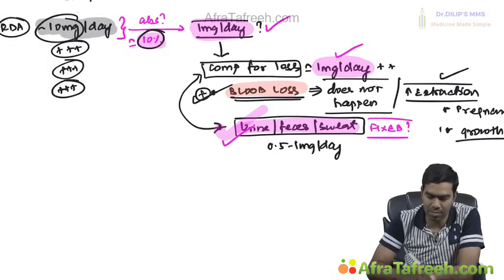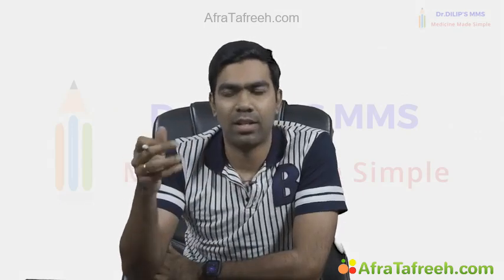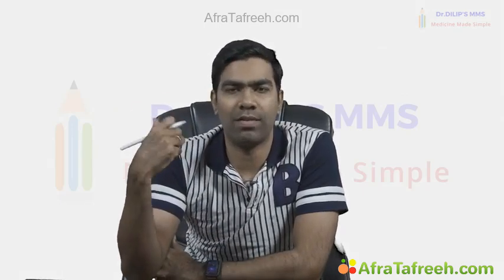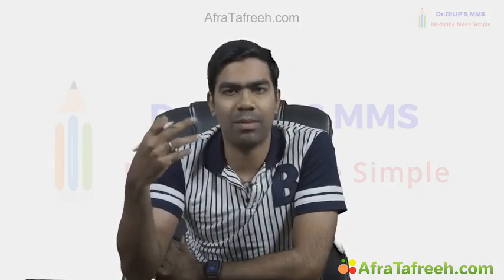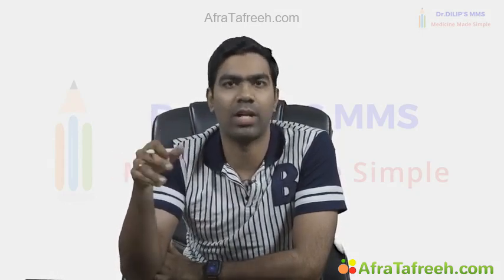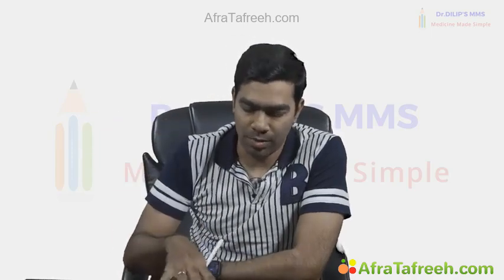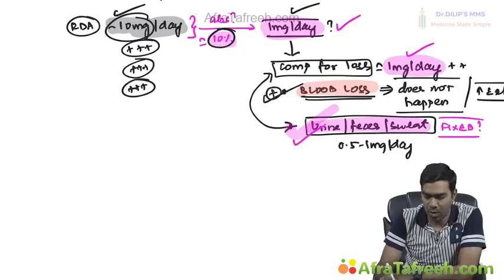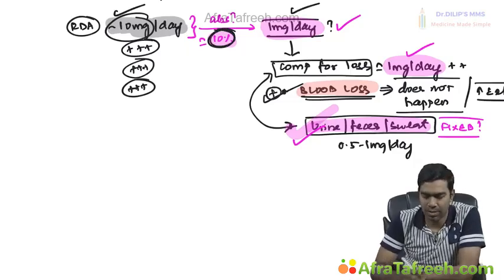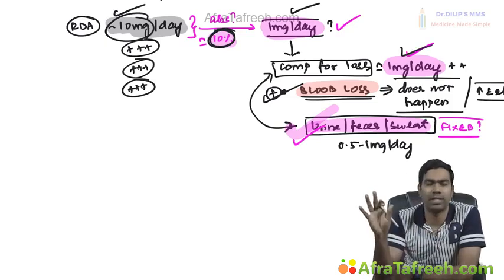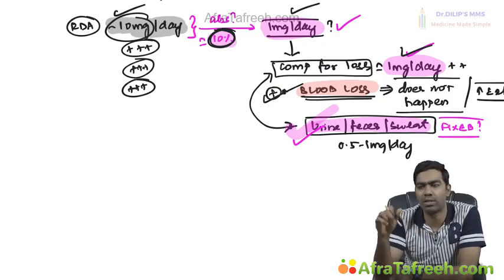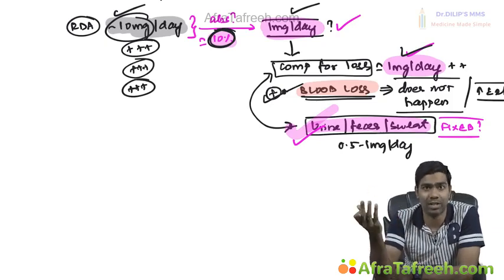Typically, this 10% applies only for people who are having a moderate amount of iron, where only the fixed losses happen and the other losses are not encountered. So this 10 milligram per day intake, 10% absorption overall, and 1 milligram per day loss, all these things you can say only if there are no additional losses or increased extraction.